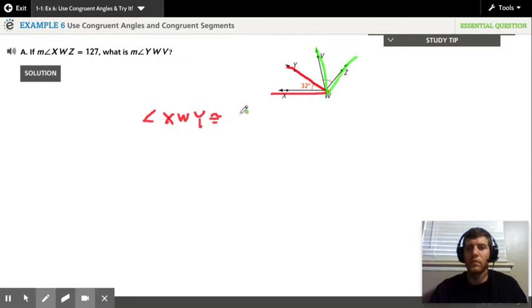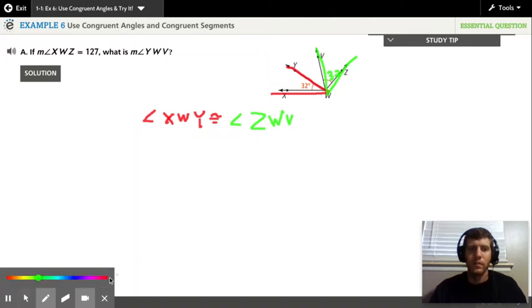So it's congruent to angle ZWV. So we know that this one is also 32. This angle here is 32, that angle there is also 32, because those angles are congruent. The arc tells us that they're congruent, which means they have the same measure. So if the measure of this angle is 32, then the measure of this one is also 32.